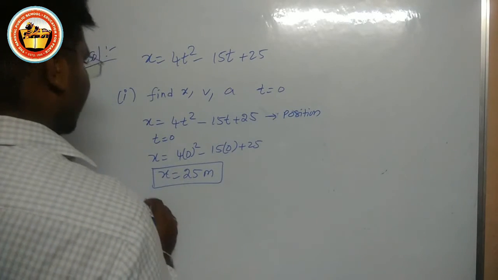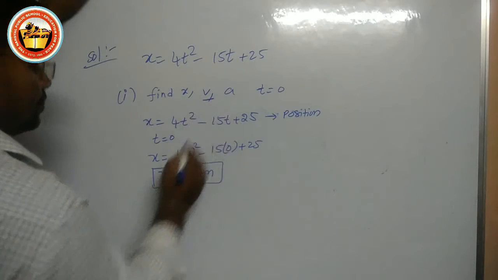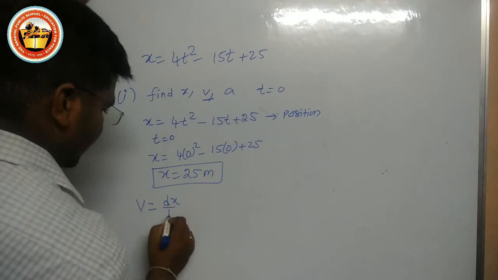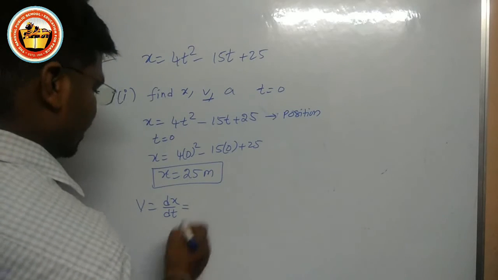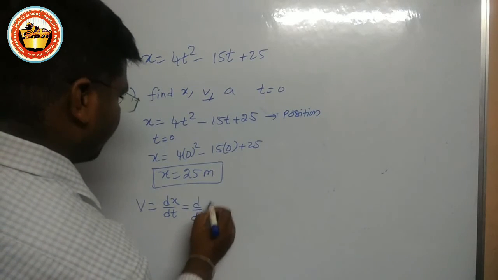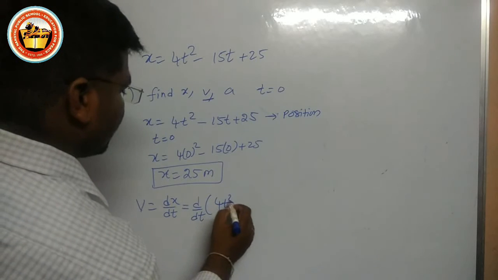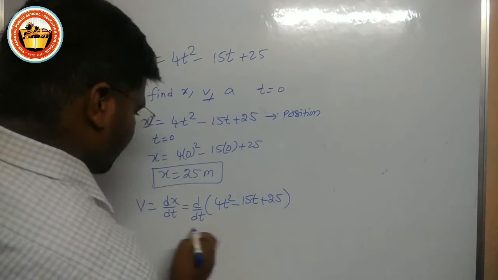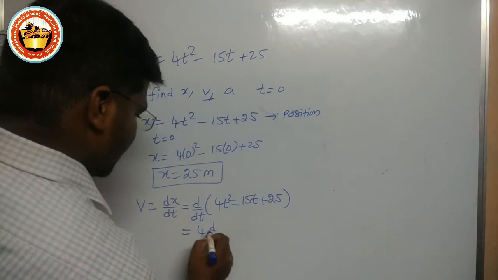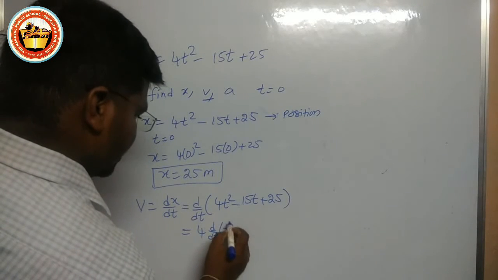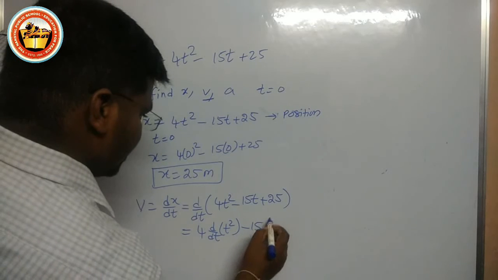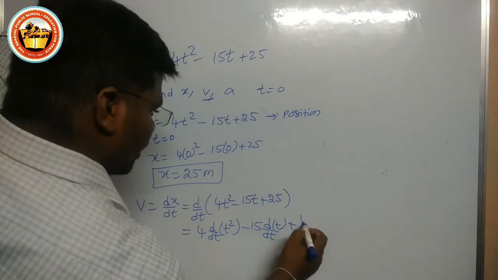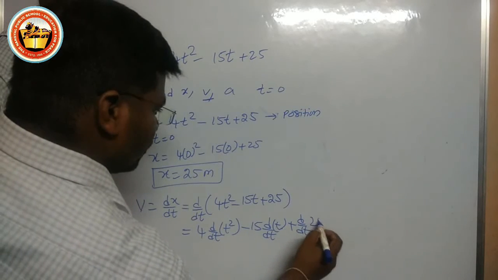Understand? Next, velocity. Velocity means dx by dt, d by dt of 4t square minus 15t plus 25. So 4 into d by dt of t square minus 15 d by dt of t plus d by dt of 25.